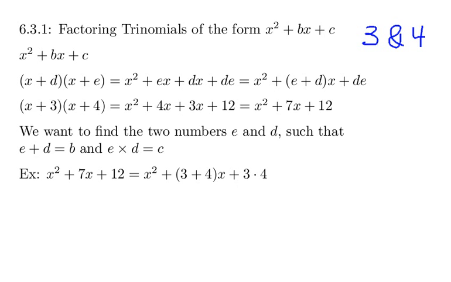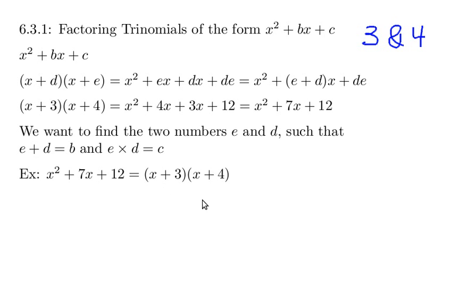You don't need to write this out every time, but I just thought it might be useful to see exactly what's going on. So now we have 3 plus 4x. You know what, let's just erase that. That's not really a necessary step. It probably makes things more confusing. So we can write this out as x plus 3 times x plus 4.